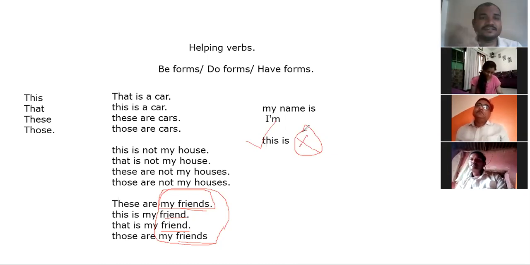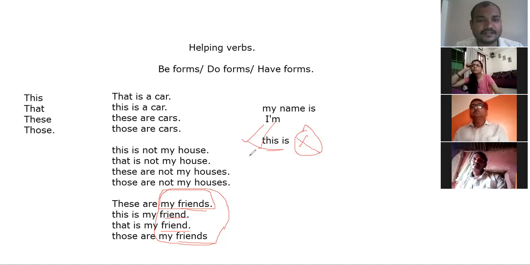Sound is an object. Correct? To indicate that, you can use this. In that case, that is correct. Understood? Are you able to understand this concept or not?